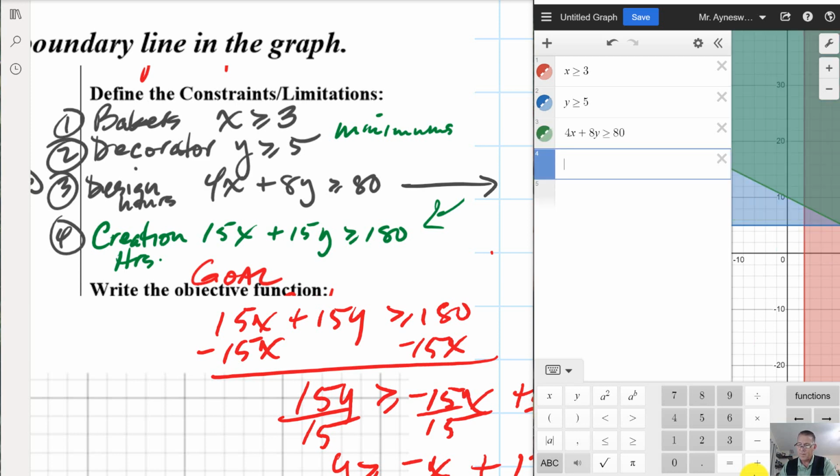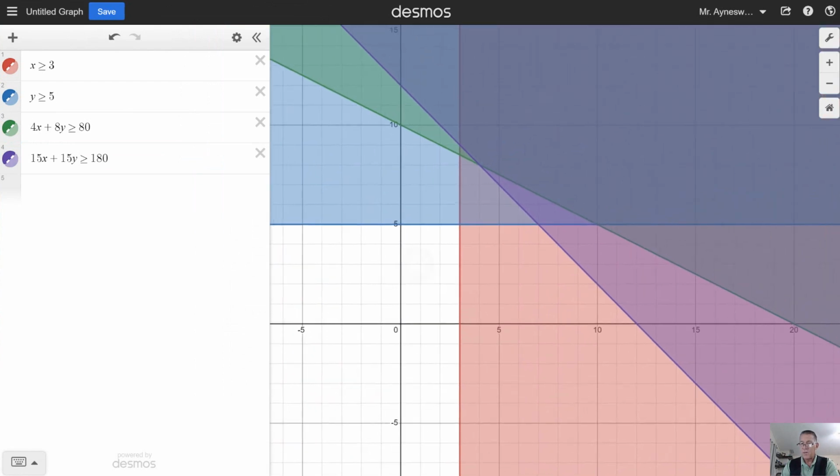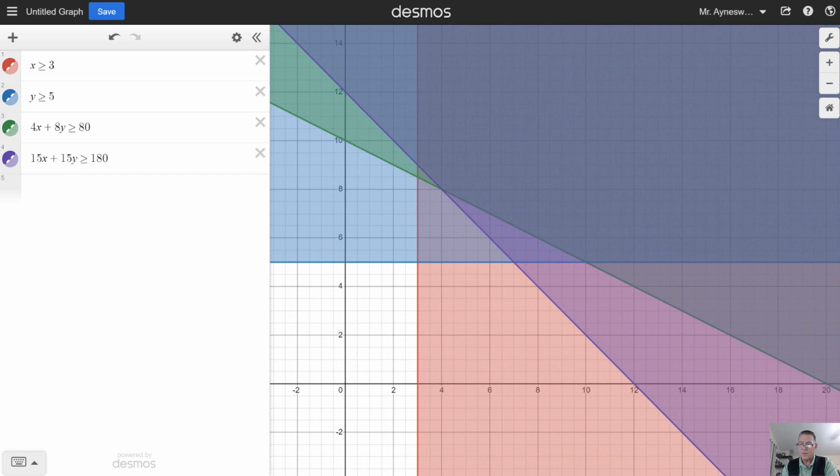And then 15x plus 15y is greater than or equal to 180. Let's expand this and adjust the scale. Oh my God, it looks the same. Let's go ahead and click on some intersection points here, just so we can compare.